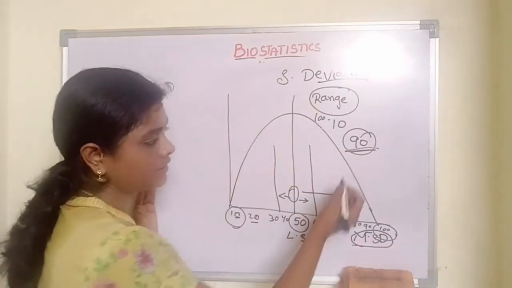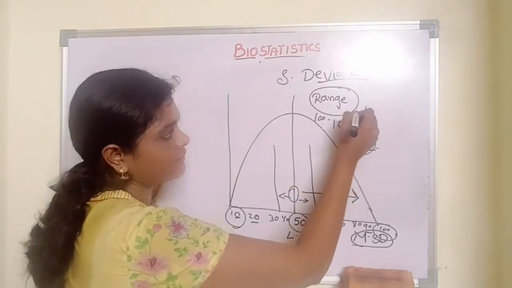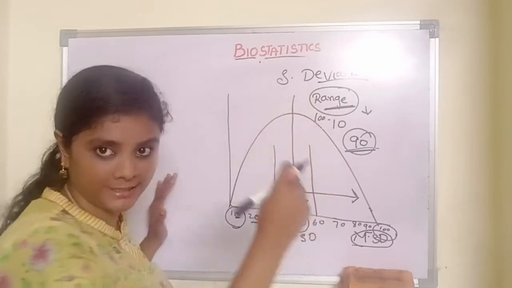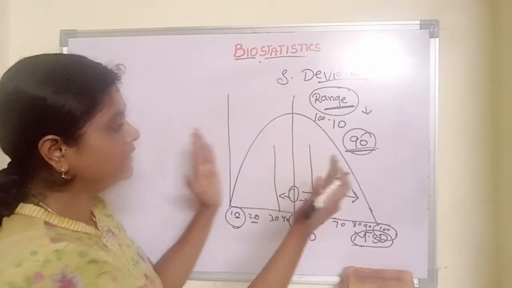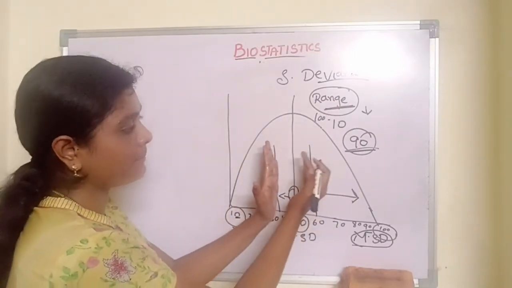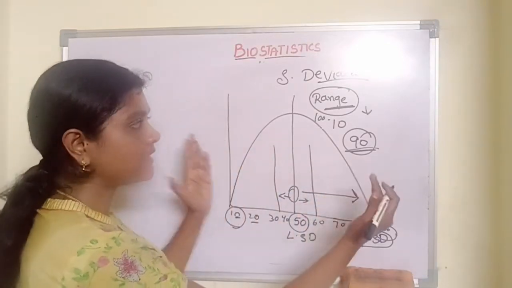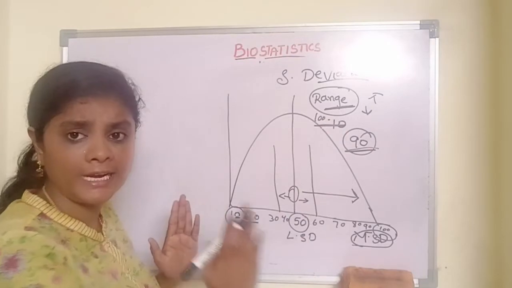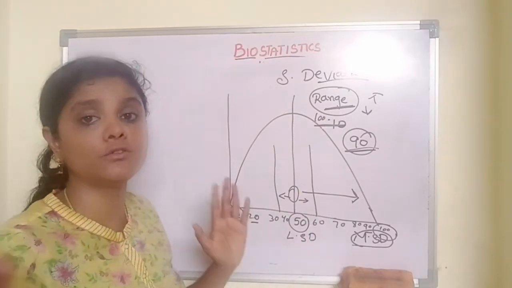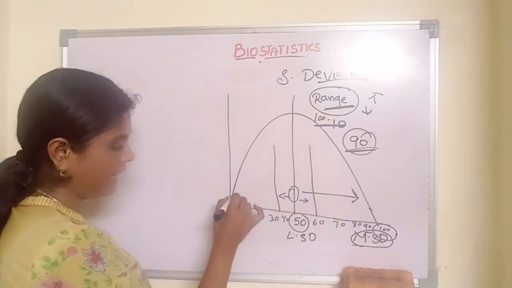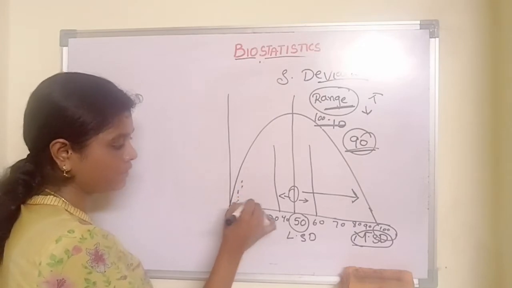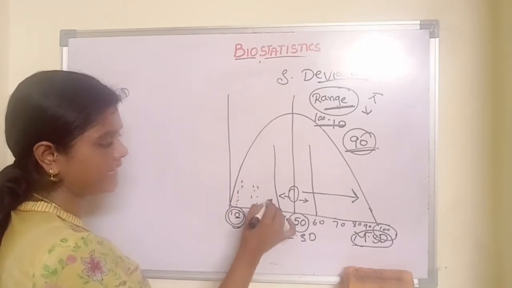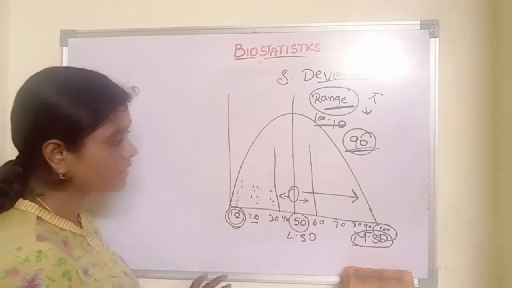If the range is decreasing, the distribution is coming closer. If the range is increasing, it means there is a wide range of distribution of the data set. At 10 marks there are some students, at 20 marks there are some students, at 30 marks there are some students.